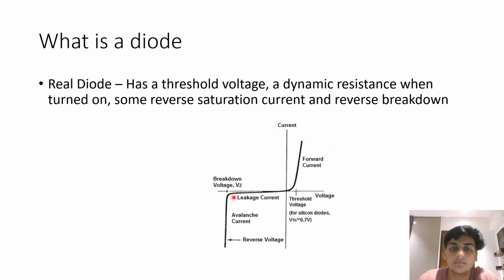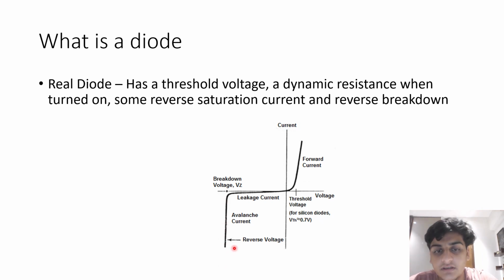And there is a phenomenon called breakdown, which we are not going to study, but you can read about it, where beyond a point, if you apply a really negative voltage, it can cause certain phenomena to occur, which leads to generation of a lot of charge carriers. So suddenly the device starts conducting a lot. So you have this thing called breakdown current.